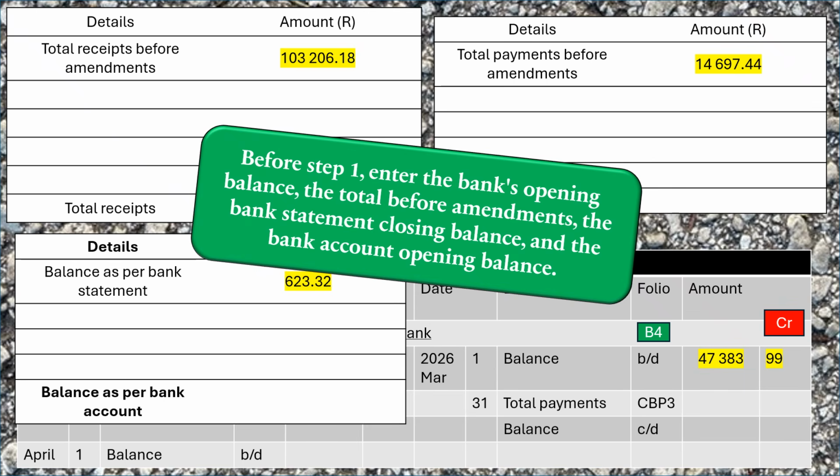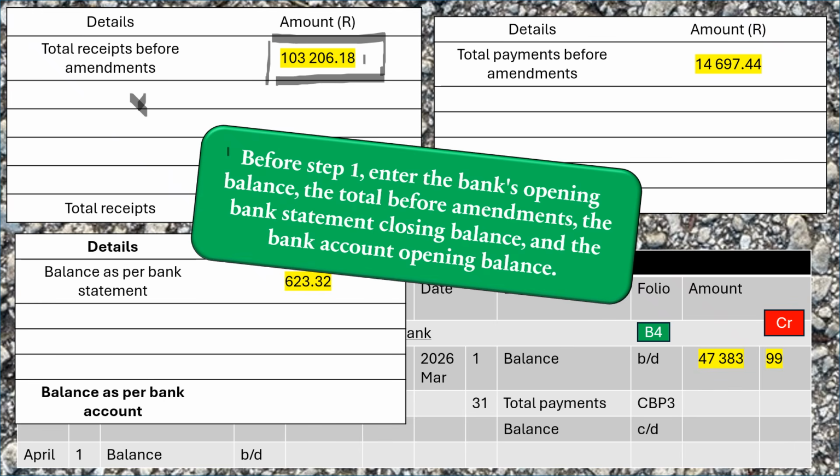Now, before I get on to some steps in order to complete a bank reconciliation, the first thing you need to do is, from those previous slides, before amendments, before we are notified of the differences between the bank balance on the bank statement and the bank balance in our books, we need to put in these, let's call them opening balances.